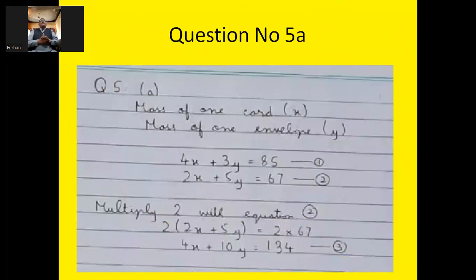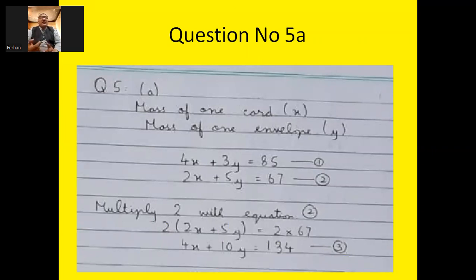So the mass of 1 card is x, the mass of 1 envelope is y. 4x plus 3y equals 85, 2x plus 5y equals 67. Multiply equation 2 by 2 to make the coefficient of x the same. Then we will subtract them and get the answer.